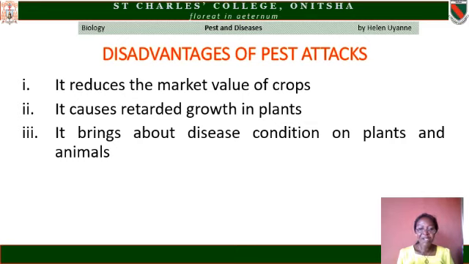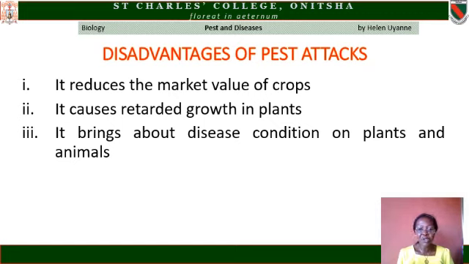Then we have the very last one, which is bringing about disease condition in plants. The pest brings about disease condition in plants and animals. Disease conditions in plants, like you have the mosaic of cassava, you have necrosis, and so on.